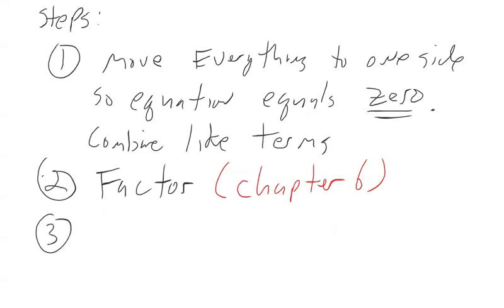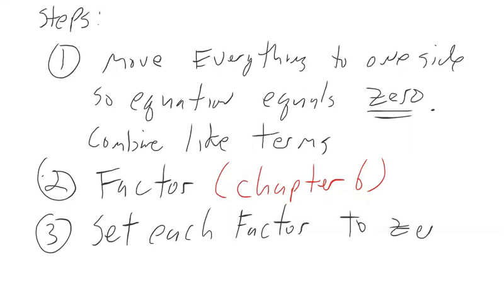Step 3: set each factor to 0. Right? And the reason we can do this, so think about it. Here's a little example. Say I factored something, I get x plus 3 and then x minus 2, and that equals 0, right? Because it equals 0 because of step 1.